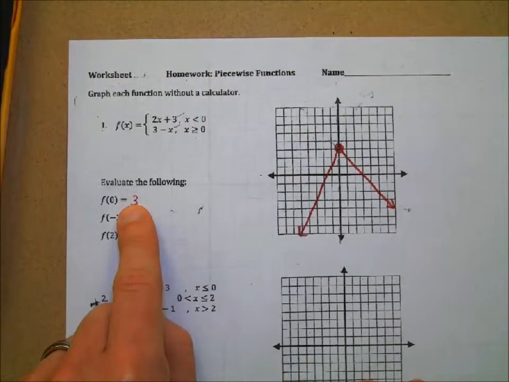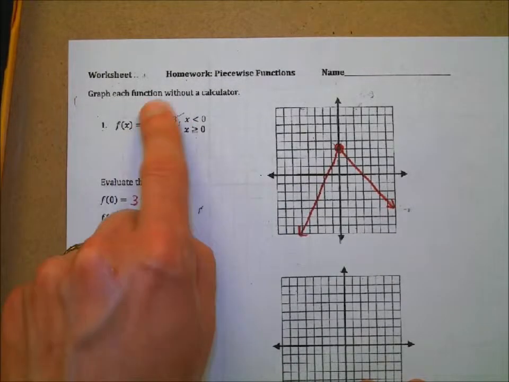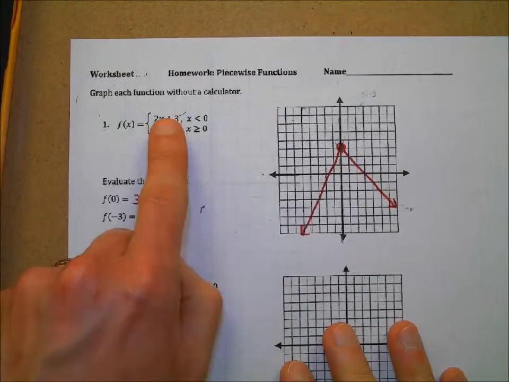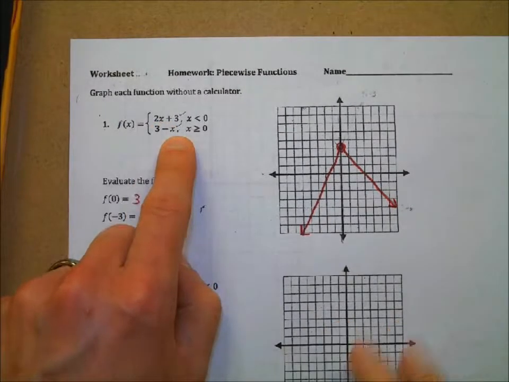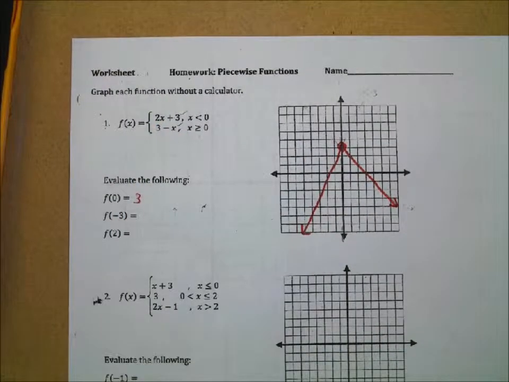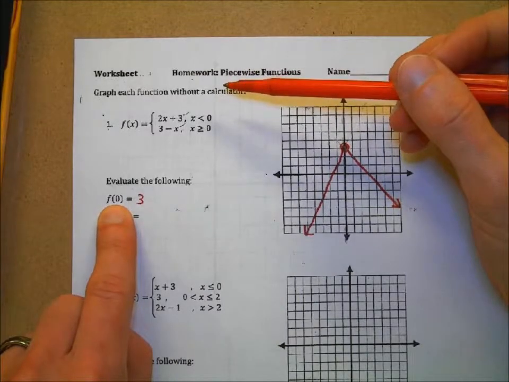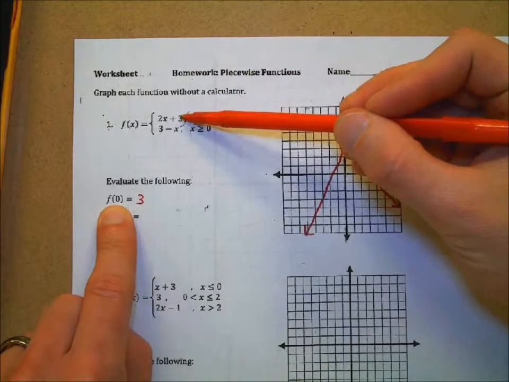The other way you can do it is by going to our piecewise function. But wait a minute. There's 2 different functions that I could plug 0 into. I could plug 0 into this x, or I could plug 0 into this x. But my piecewise function tells me which piece I can plug it into. My x value is 0. Which piece, the top piece or the bottom piece, should I plug it into?